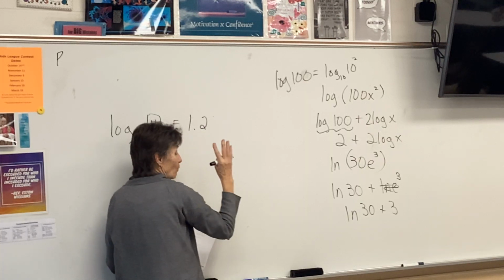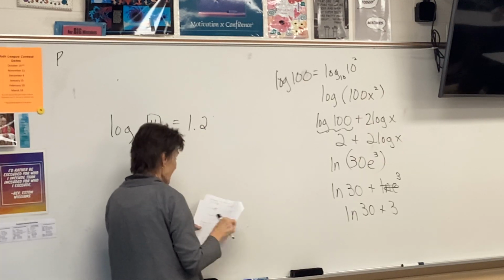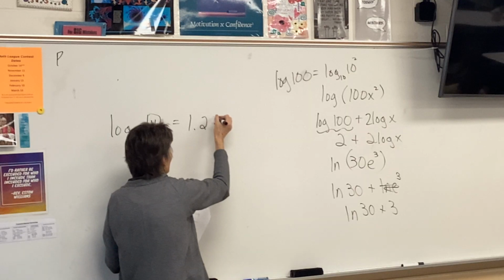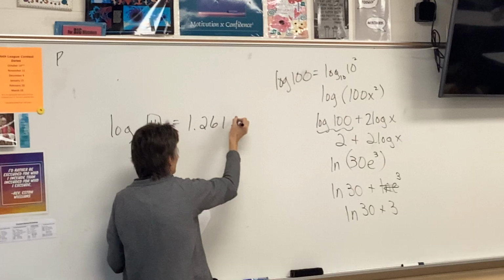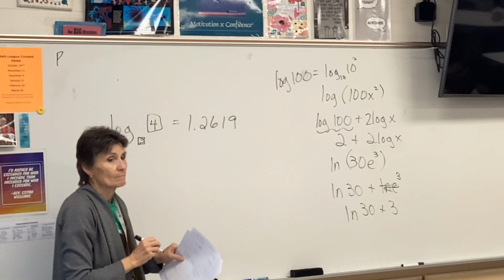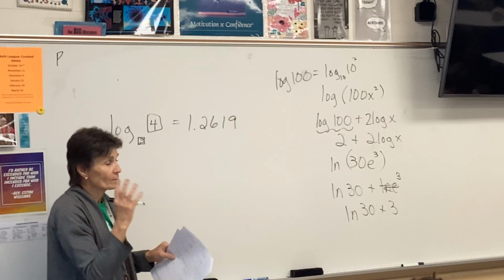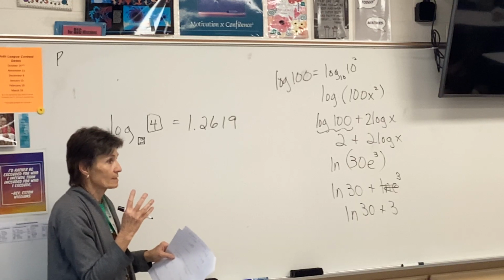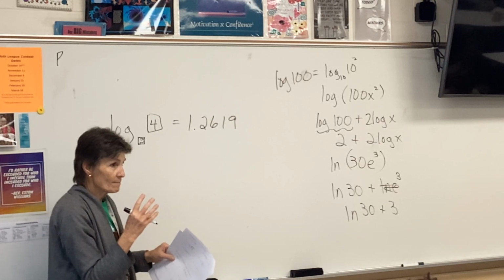I need 3 or 4 decimal places. 10,000. So 1.2619. Do we agree on that? 4 decimal places. Okay?